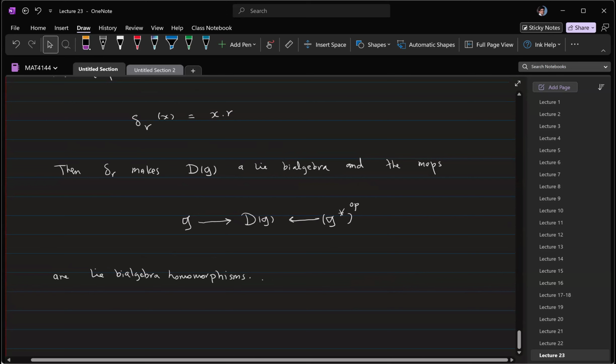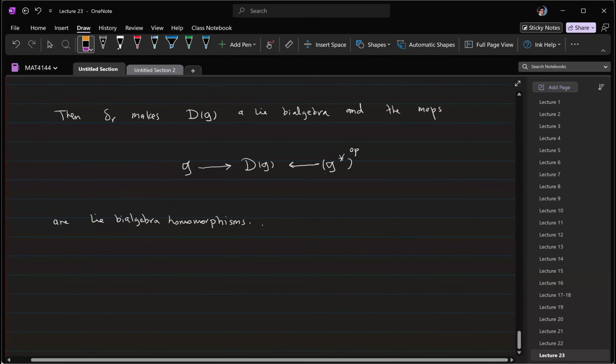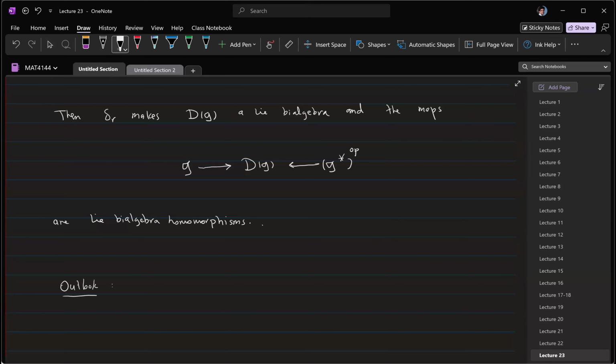Now, what is the outlook? Maybe I use the last 2 minutes to give some outlook. We talked about some algebraic structures that come in connection with Poisson structures, something that comes from symplectic geometry. And symplectic geometry also plays a fundamental role in quantization.